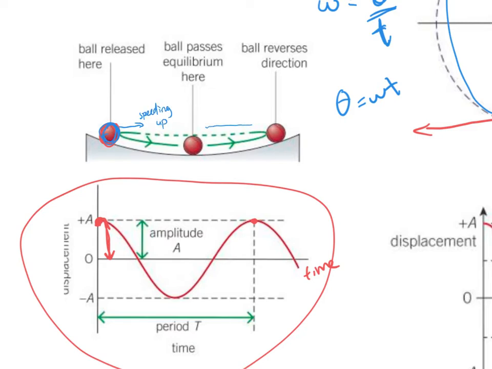But then if it reaches the maximum positive displacement, it reaches zero velocity. So it accelerates towards the center all the time, but it does slow down to zero when it reaches its amplitude, either the positive or the negative amplitude.